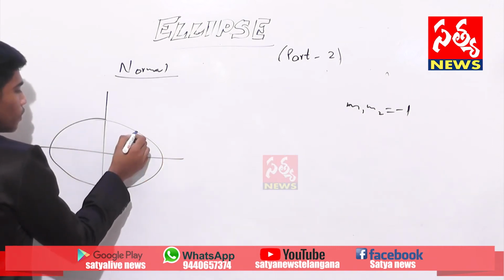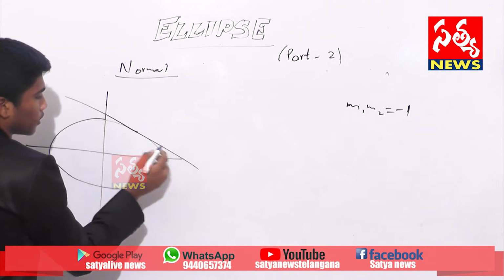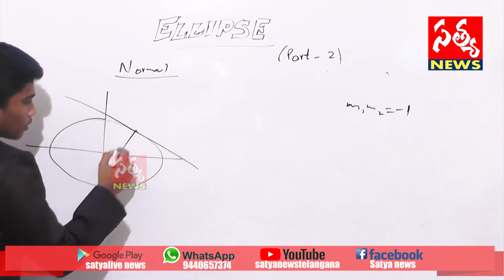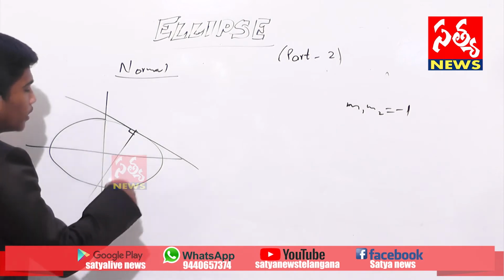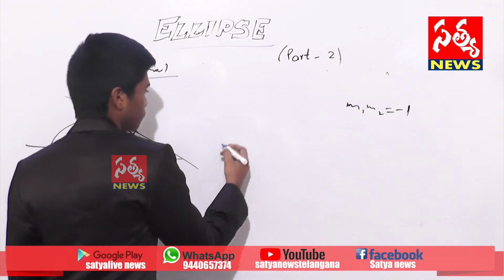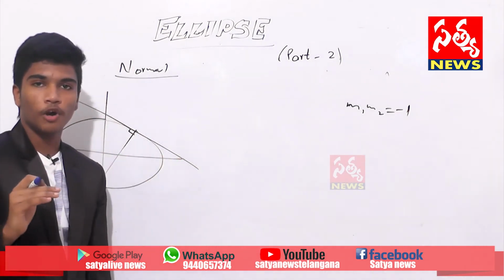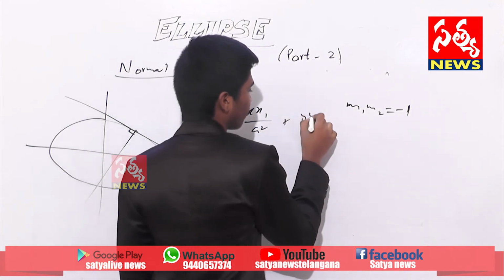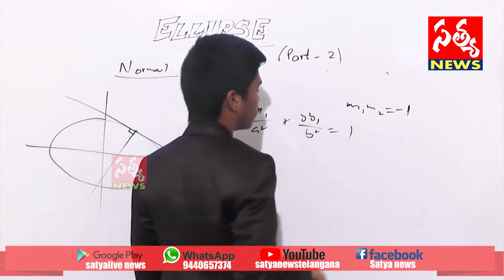So first of all, let's draw a tangent here, a tangent to the ellipse, and let us imagine this as the normal. Now we all know the point form, right? x x1 / a² + y y1 / b² = 1.